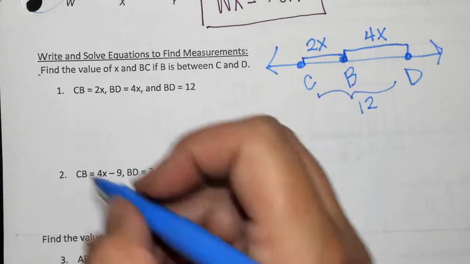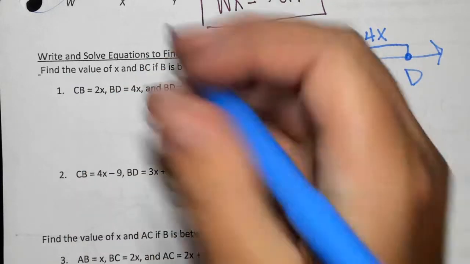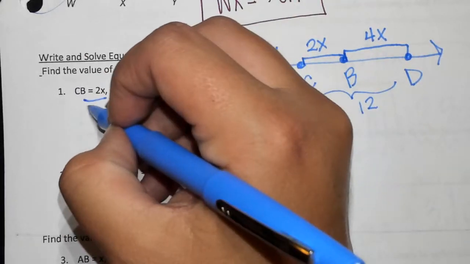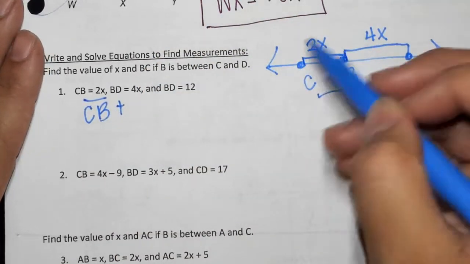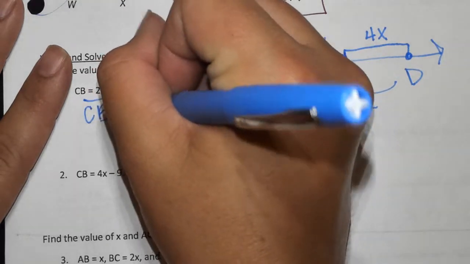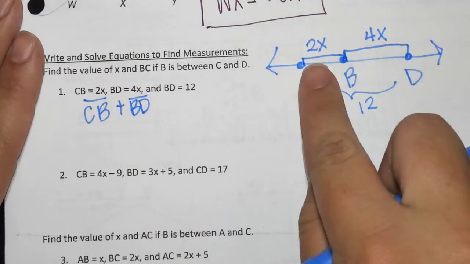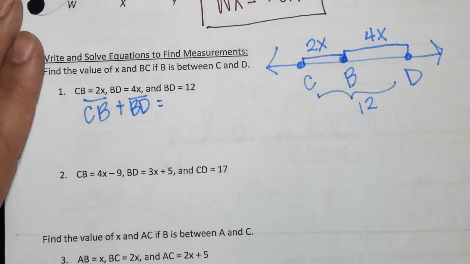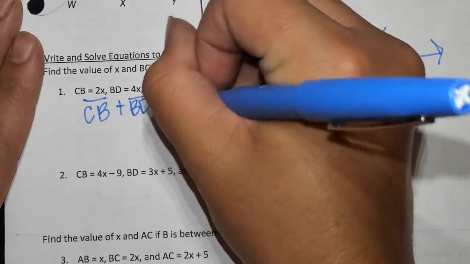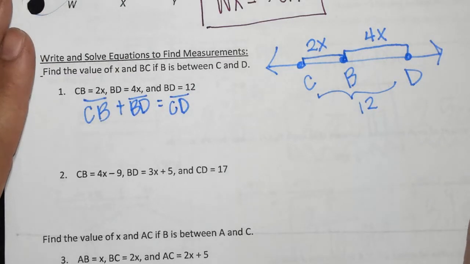Some of you, it really does help. So let's write the quote-unquote formula. Line segment CB plus line segment BD. So this little part plus this little part is equal to the whole thing, which is CD.